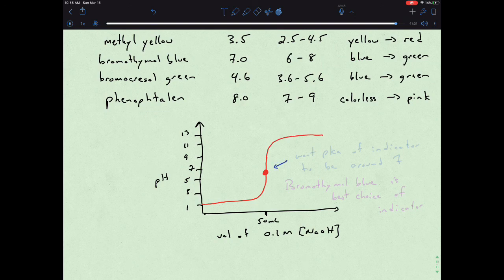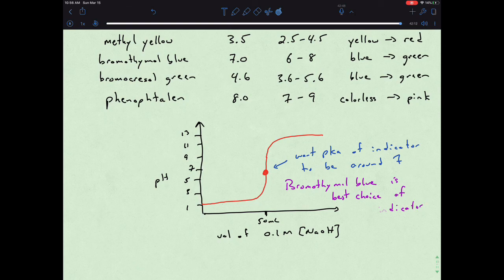So you want the pKa of the indicator to be around 7. So as a result of that, bromothymol blue is the best choice of indicator as a result.